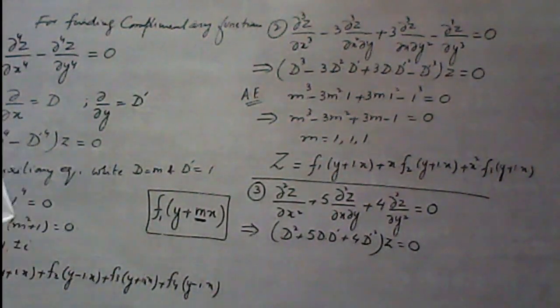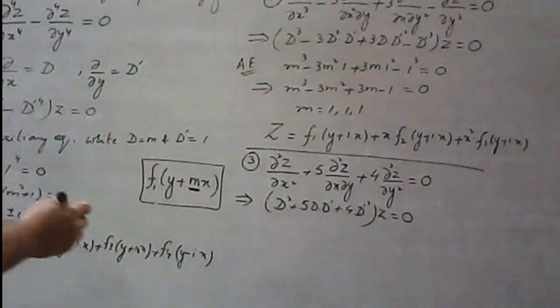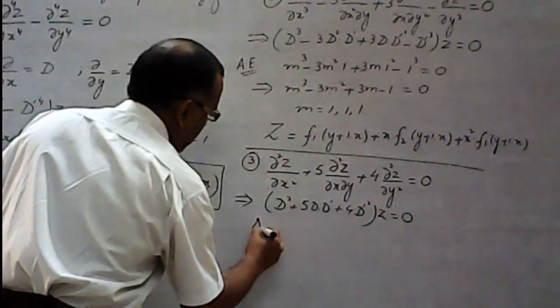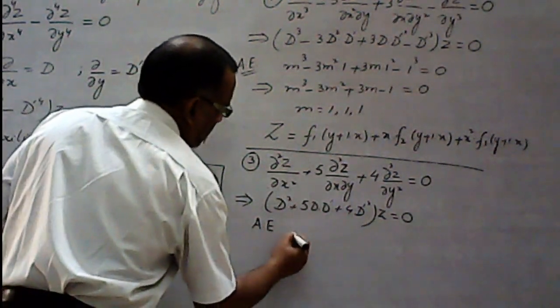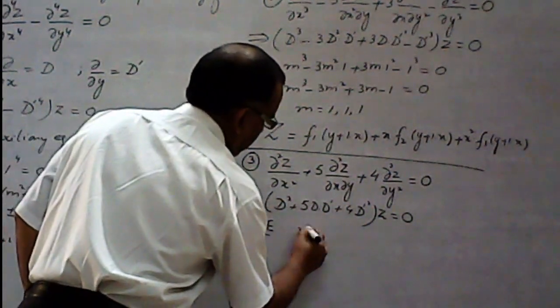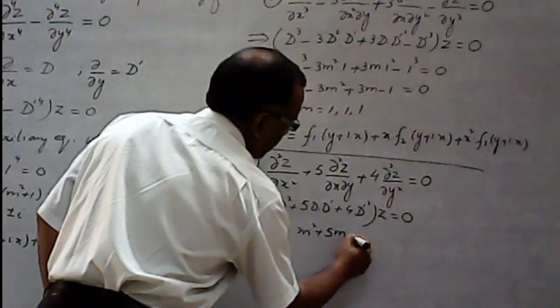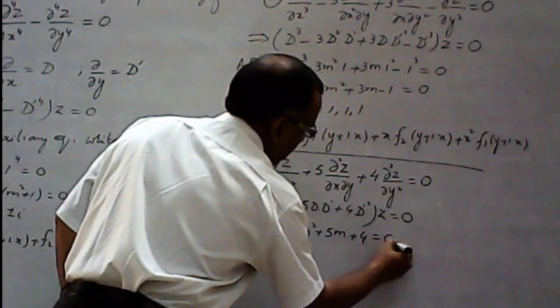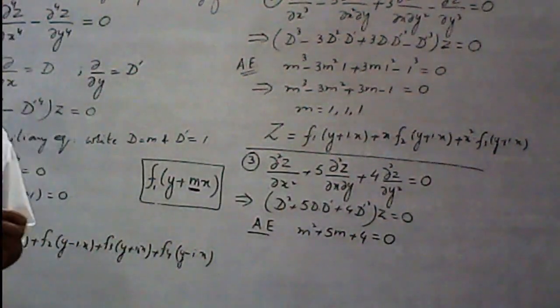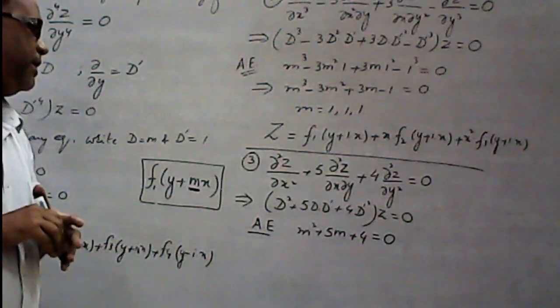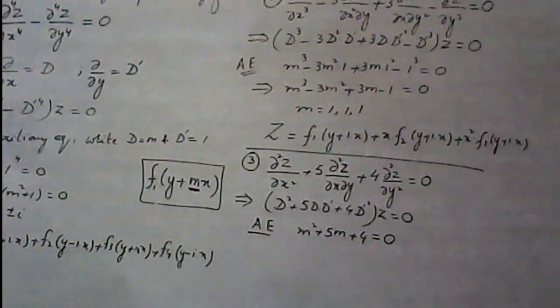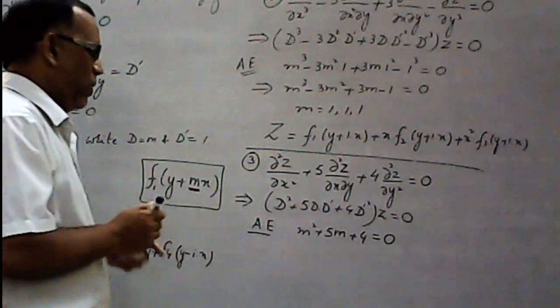Then writing its auxiliary equation. So its auxiliary equation will be m square plus 5m plus 4 equal to 0, replacing capital D with small m and D dash with 1.